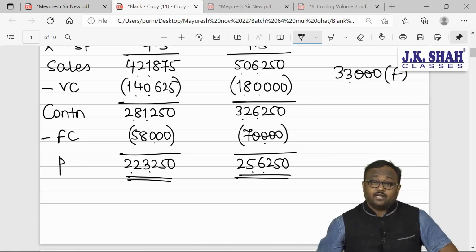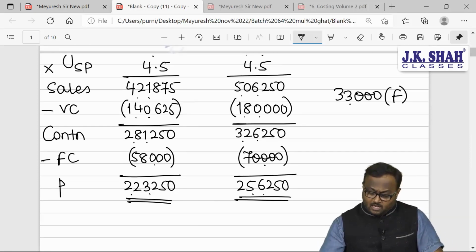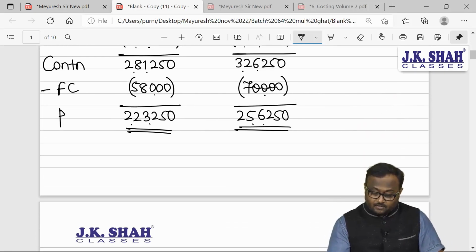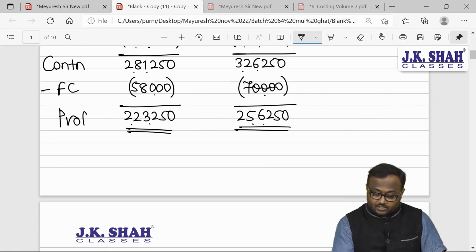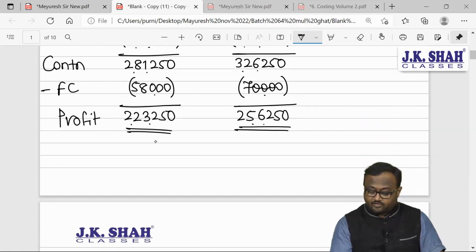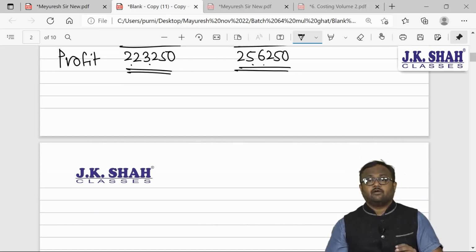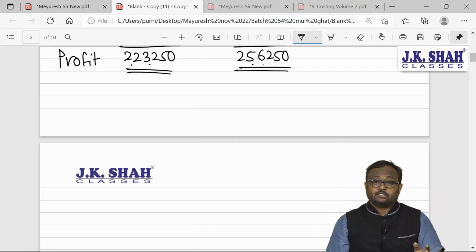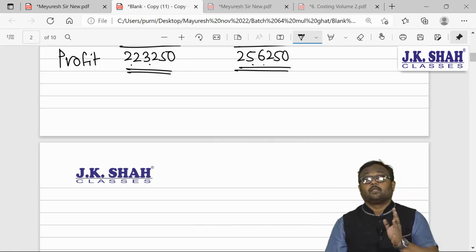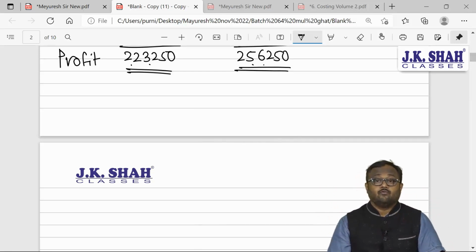Correct? I need to find out reason for this. It's going to be very simple. If you recollect, as far as reconciliation is concerned, we have to start with budgeted profit and we have to add something, subtract something, and we have to go for actual profit. Now basically, when I start from budgeted profit, I have two parts: due to sales, due to cost. And in due to sales, we have two: margin price variance and margin volume variance.